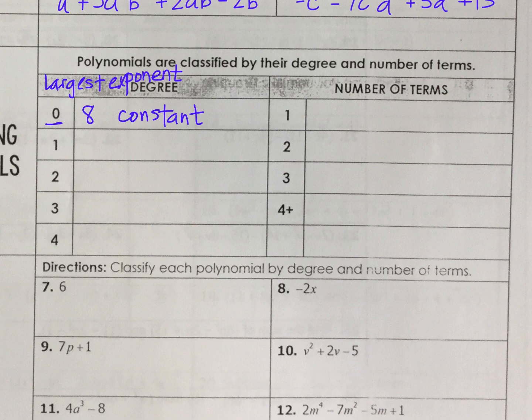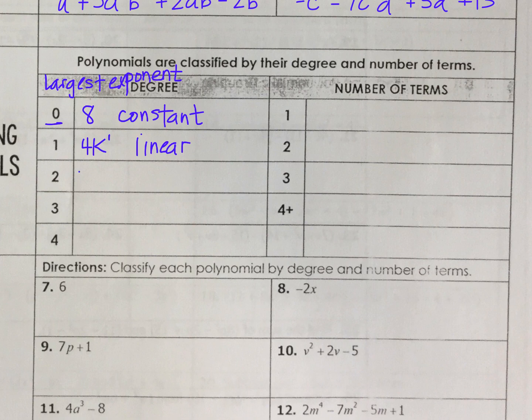All right, if I have 4k, well, we know really there's a little 1 right there connected to that k. So if I've got that, that means it's to the linear degree. Quadratic means there's a square in it somewhere.